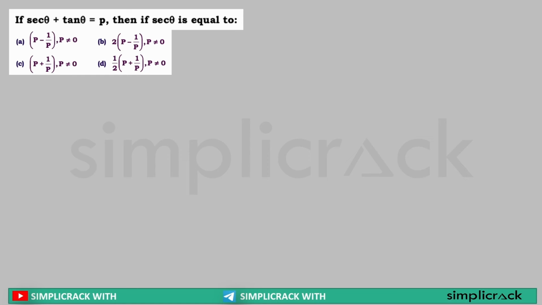How to solve it? That is the crux over here. Now understand this. Sir, I know sec theta plus tan theta is equal to 1 by sec theta minus tan theta. Yes or no? Yes.